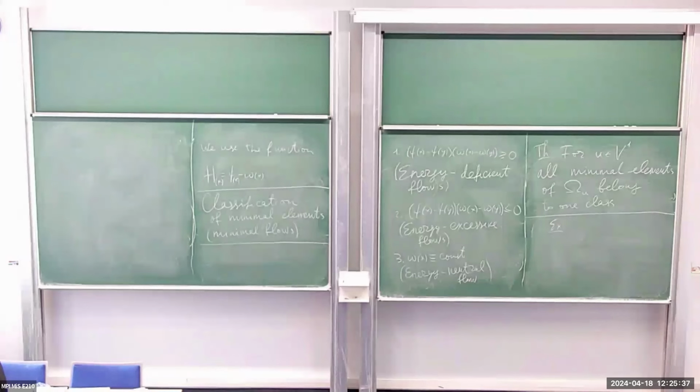No, we have an idea. Of course. You take the average vorticity, a constant, and compare this flow with constant vorticity and the flow u, depending on the relation of the energies. Just one simple operation, and you will know.